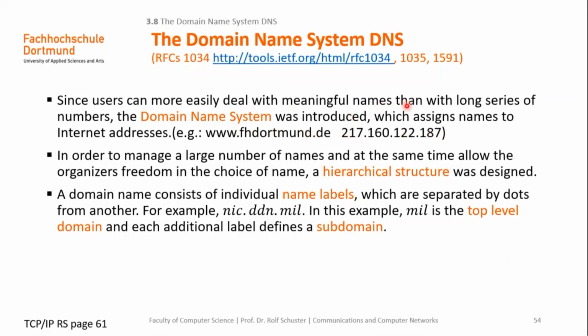But I'm sure that you remember the name easily, that is, for instance, this one: www.fachhochschuledortmund.de. So DNS was introduced to assign names to IP addresses.